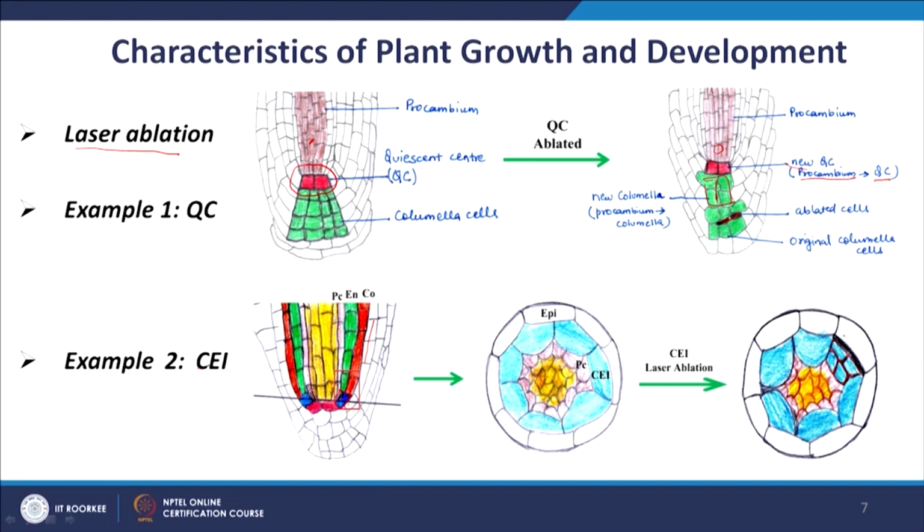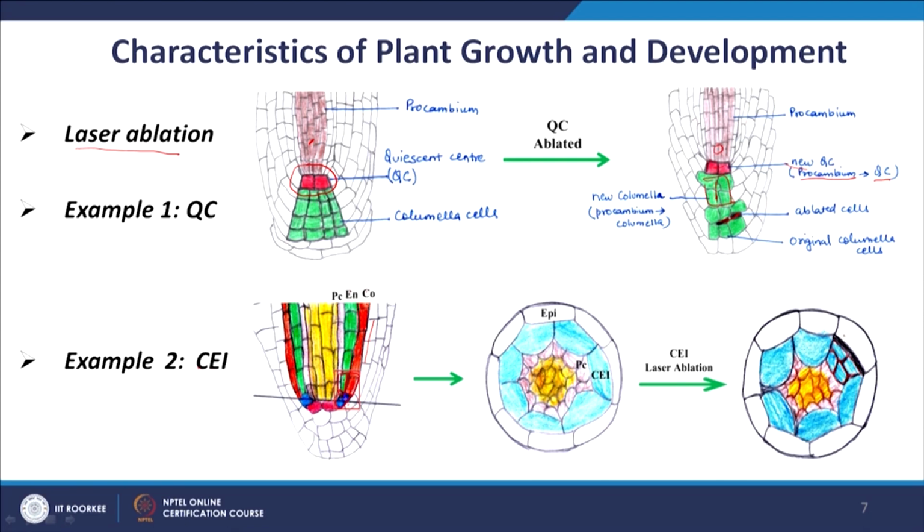This initial is called the cortex endodermis initial. What happens is that this initial first divides and makes a periclinal division, which gives rise to two parallel cells. One cell continues making endodermis, and the other starts making cortex.